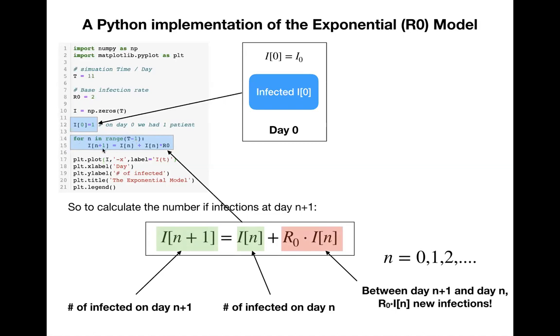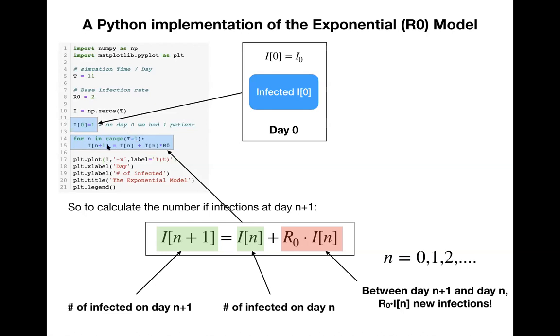And why is it T minus 1? Because the recursive relation goes to n plus 1. So the last n is actually T minus 2, and then n plus 1 equals T minus 1. Otherwise, if this is not T minus 1, you will see an index error, because you're trying to access an index beyond the length of the array itself.